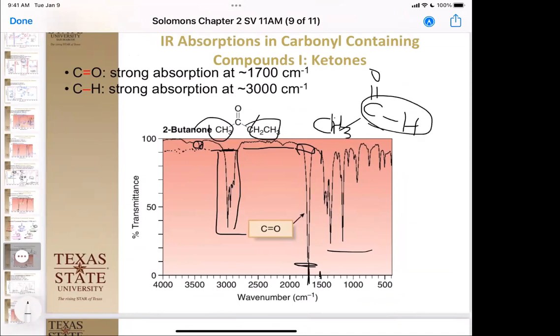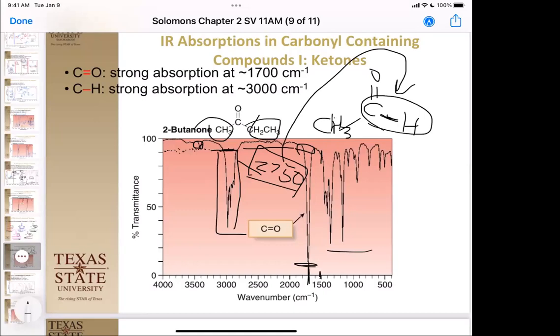So this peak right here should show up at the high end range, right? Should show up between 2,500 and 4,000 because it's a carbon-hydrogen bond. But it's a carbonyl, which makes it kind of weird. And it actually shows up right here at 2750. If you have an aldehyde, this carbon-hydrogen bond will show up at 2750.